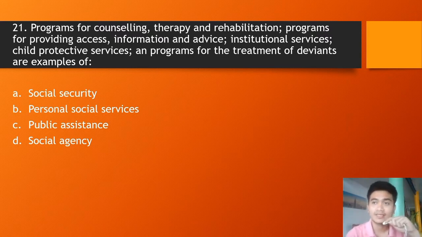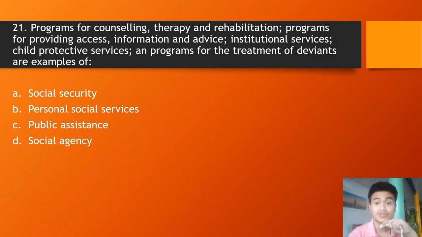Social security is the measures that, if there is a sudden abrupt change, there is a safety net for that individual. Examples are SSS and PhilHealth. If someone meets an accident, automatically there's a safety net so that the new situation does not affect the family too much.